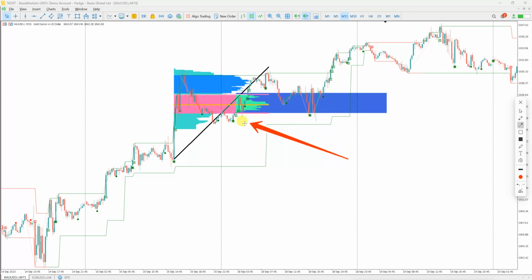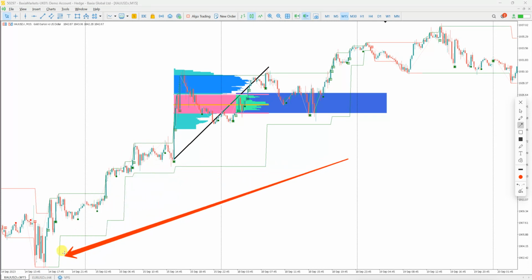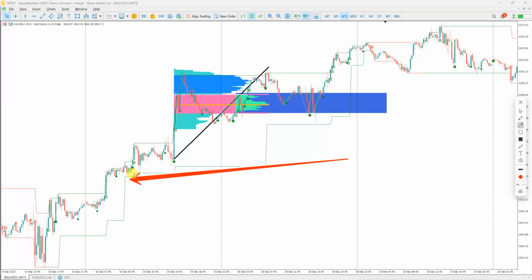If you notice a liquidity grab here, this is a trend continuation. Of course, the market has to be bullish, meaning this color should be green for this example, and we see a break of structure.